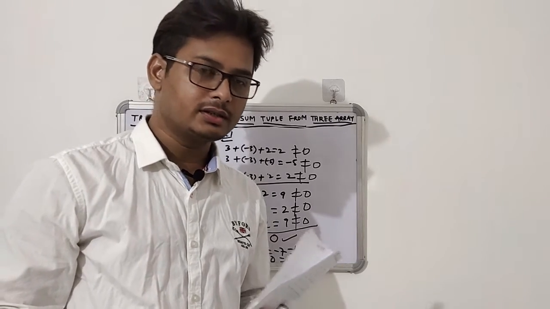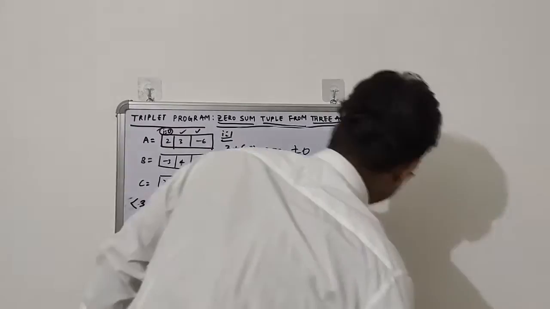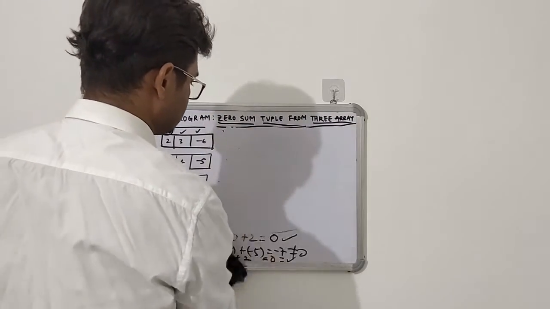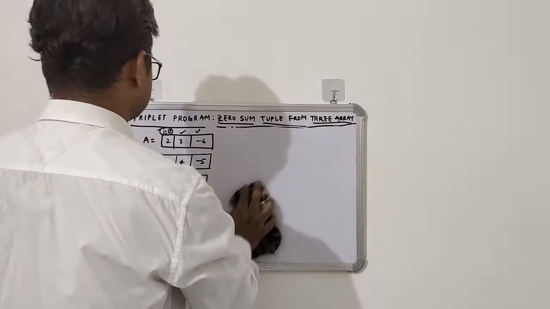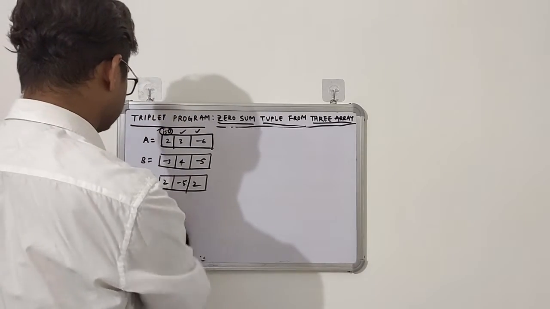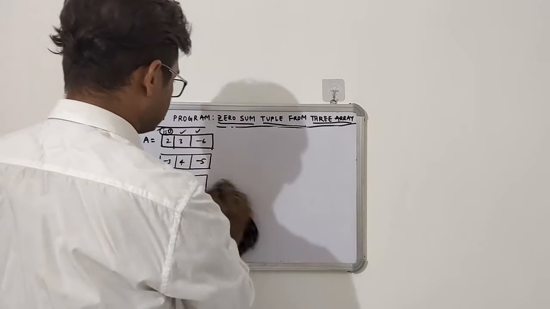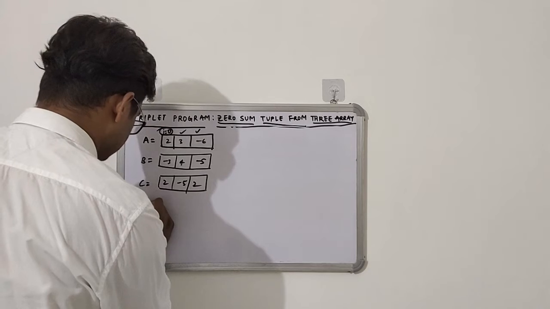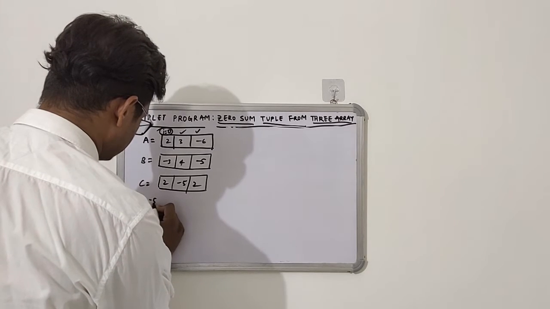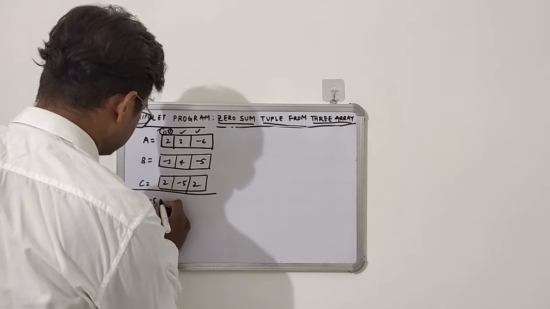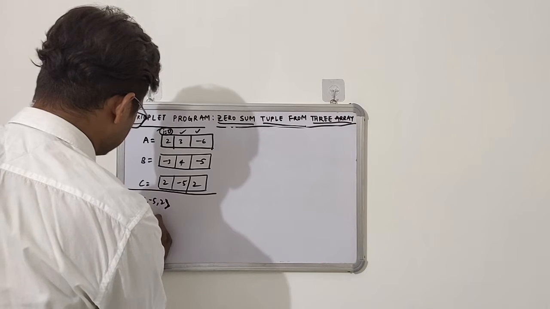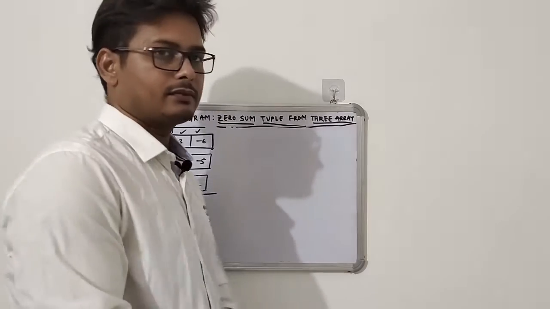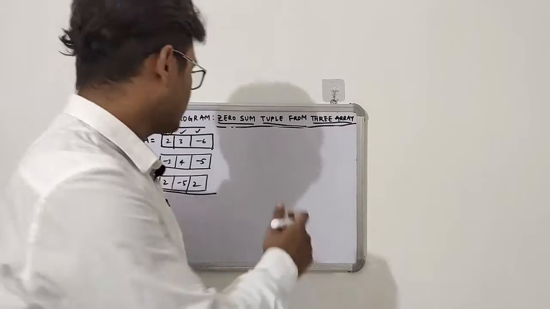Okay, let's see the third case. Now we will execute for i equal to 3.